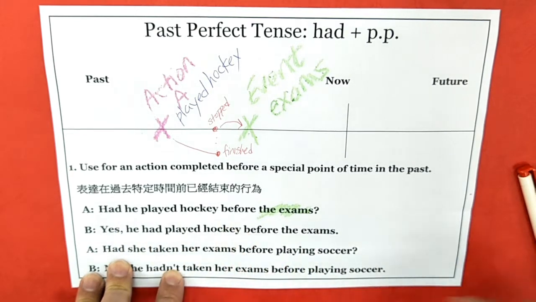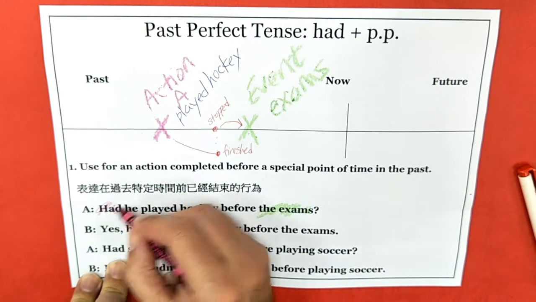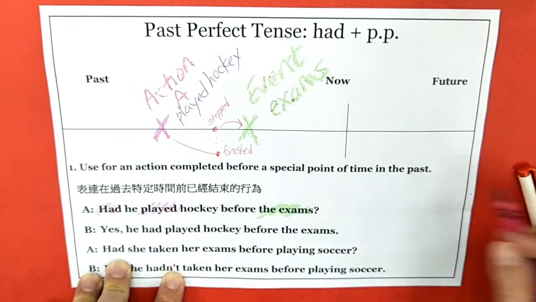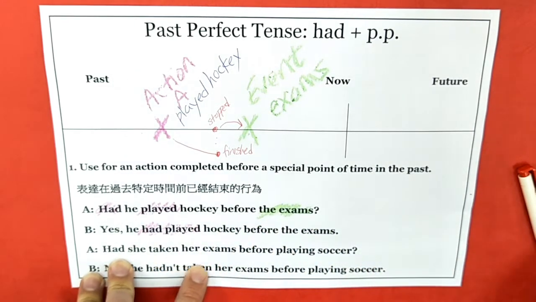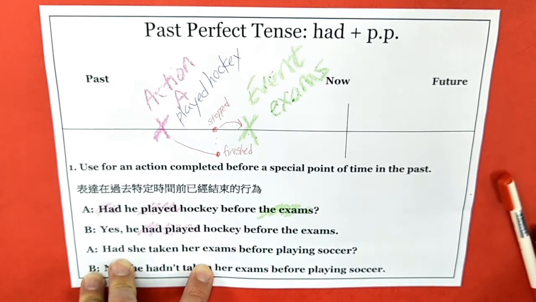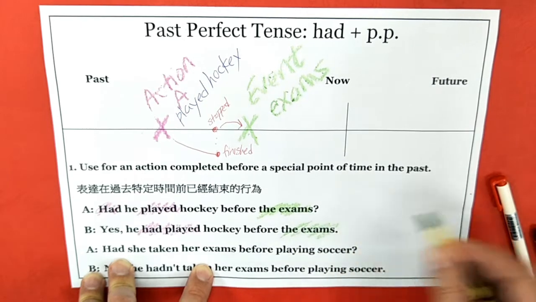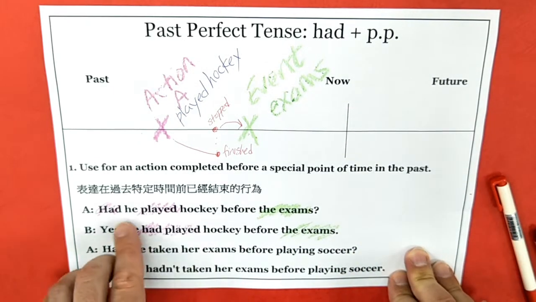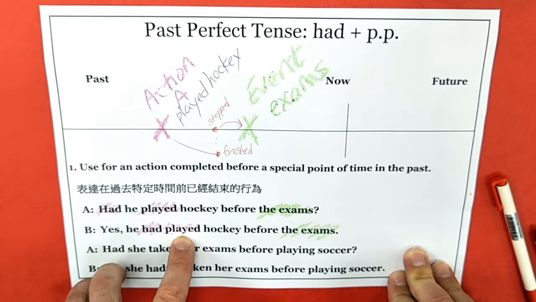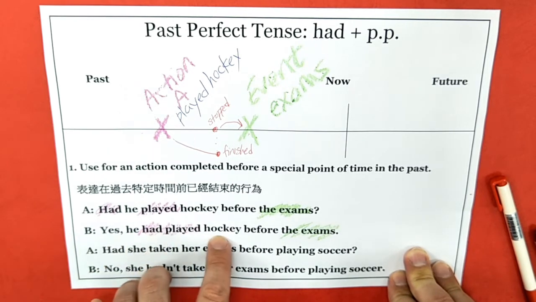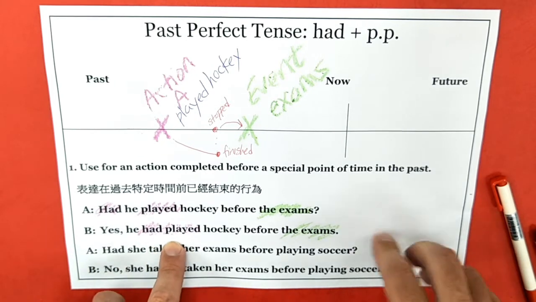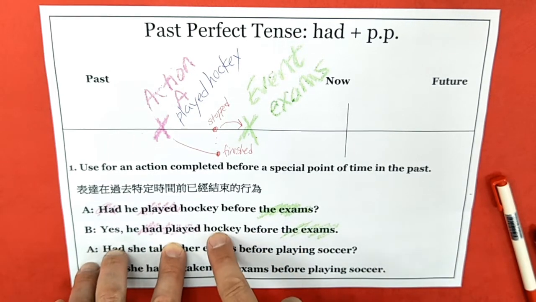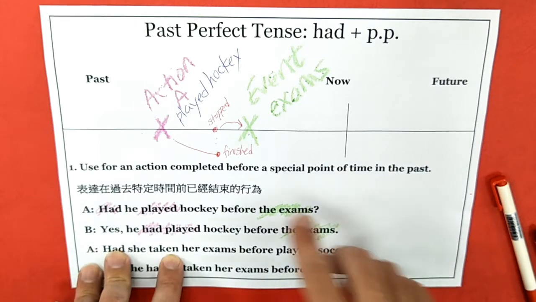Had he played hockey before the exams? Had played? Yes, he had played hockey before the exams. Because I used the past perfect, had played, I know that had played hockey happened first, and before the exam started, hockey was finished.